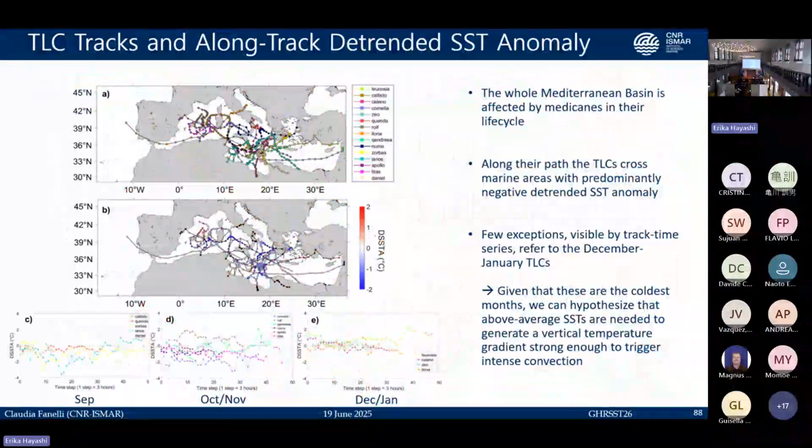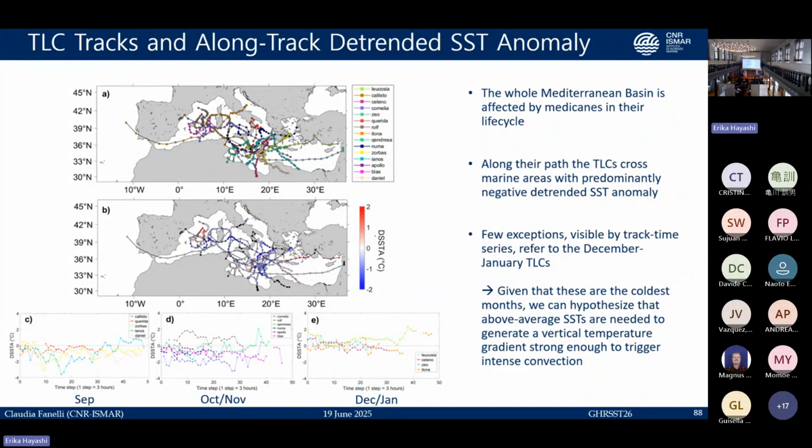So here you can say that even if the medicanes originated mainly in the Ionian Sea, along their life cycle, they actually spread all over the Mediterranean. And along their path, the second map is the detrended SST anomaly along their path.